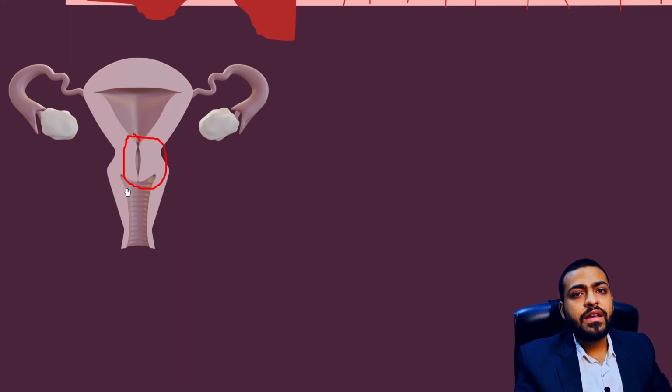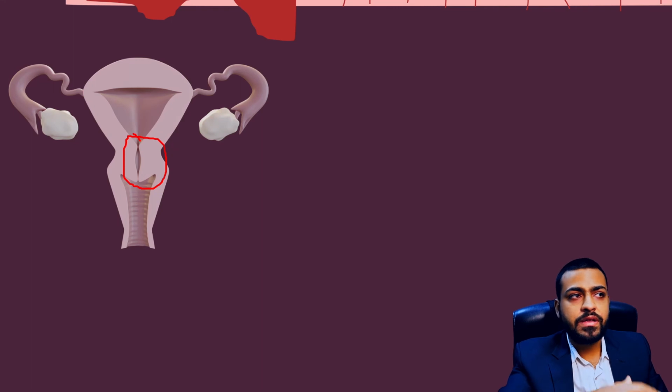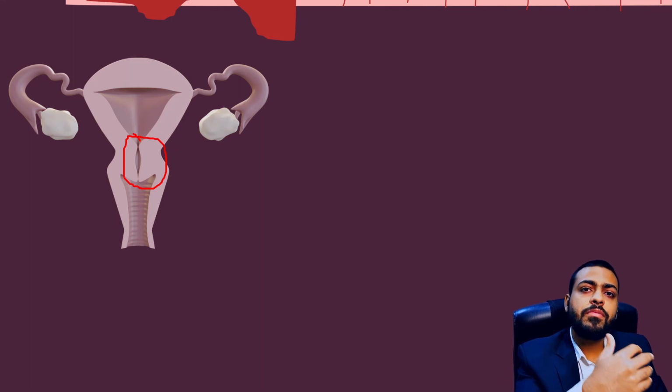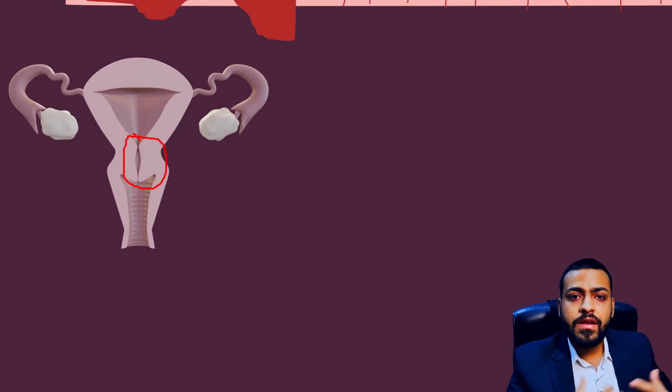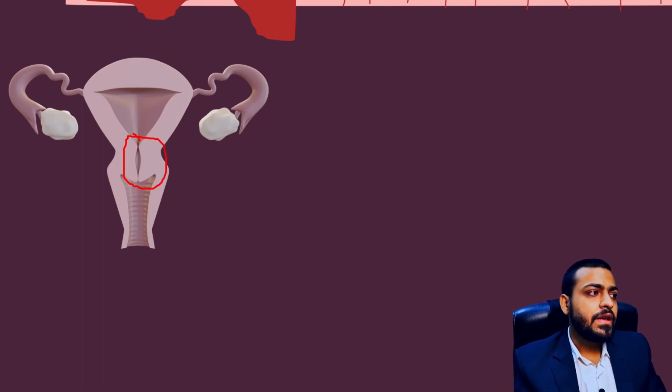And as I have told you previously, with this female reproductive cycle, changes occur in almost every part of the female body. And of course, as the cervix is a part of the uterus, some important changes also occur in the cervix.